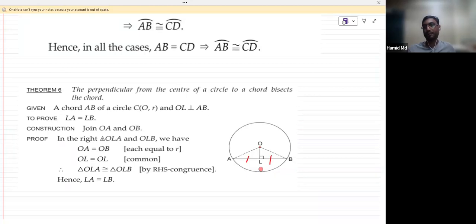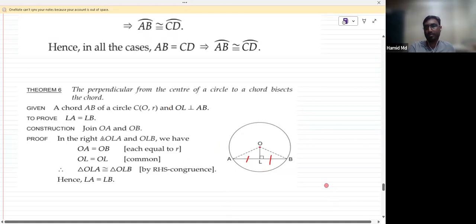Any confusion? No, I didn't understand. Okay, let me show you. This is a circle. I'm not good at drawing. Actually, drawing on a writing pad and drawing on a board is totally different. So this is a chord, A and B is a chord, and this is the center of the circle.